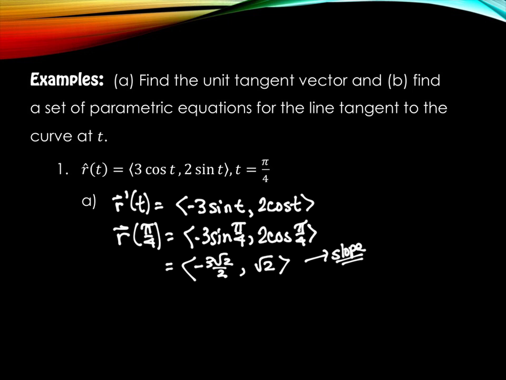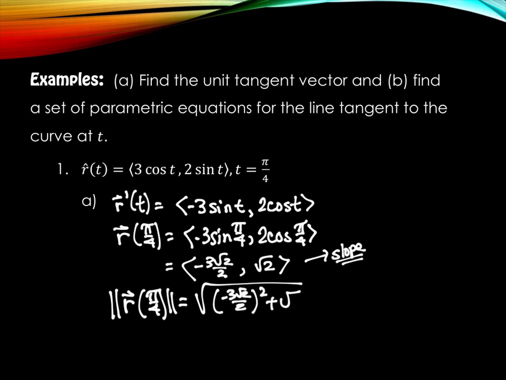All right, the second part of part A then is finding the magnitude of this. So we need to find the magnitude of this at pi over 4. So we'll have the square root of each of these squared. So I have negative 3 square root 2 over 2 squared and square root 2 squared.